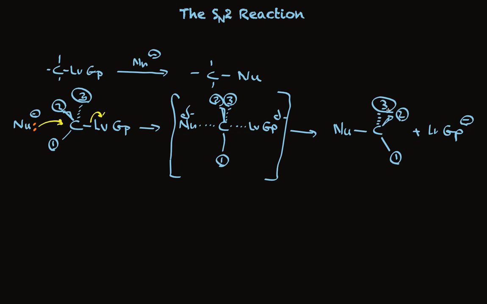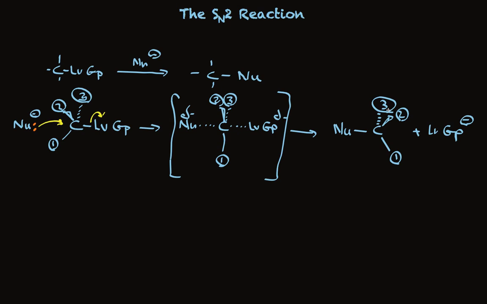A single step: the nucleophile comes in from the backside, a bond begins to form, the leaving group begins to leave. As the bond finishes forming, the leaving group finishes leaving. And the stereochemistry has undergone inversion of configuration. That backside nucleophile has pushed these other three substituents over to the other side.